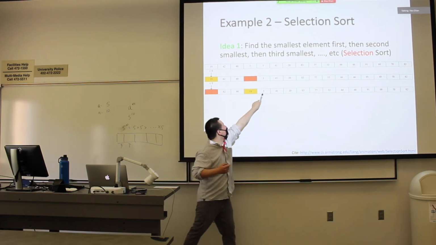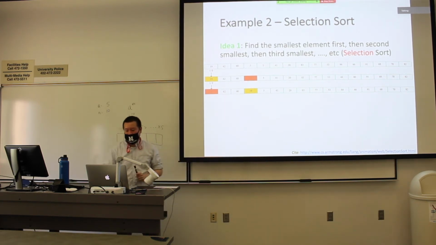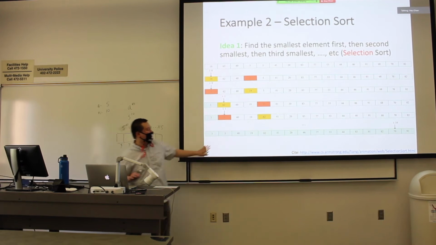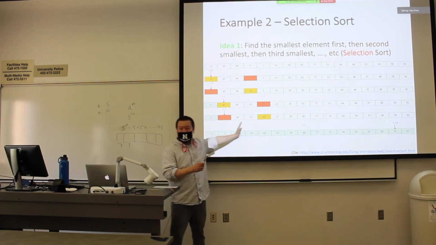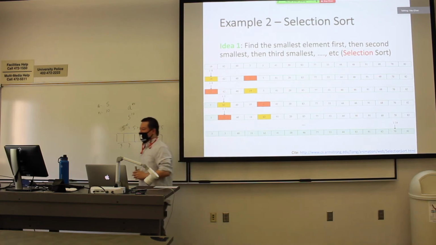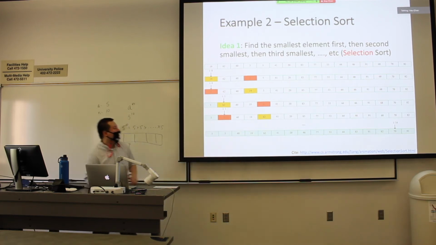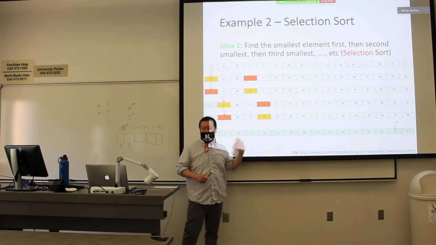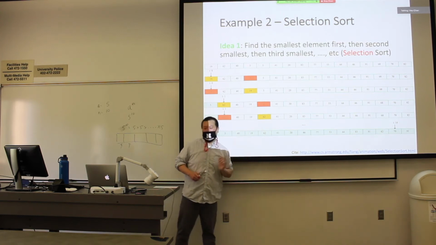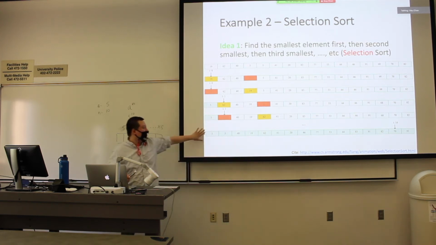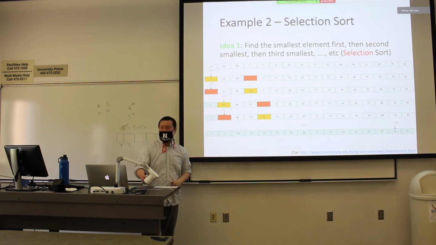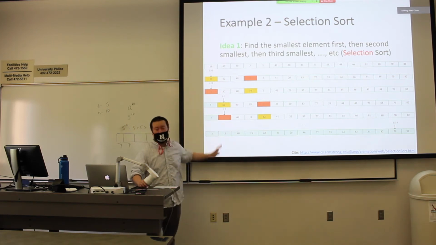So we're going to swap 5 with 62. I just want to show you what happened at the end. The idea is that for each entry, you look for the smallest element, and you keep doing it until you reach the end of the array. Through this process, the array is guaranteed to be sorted.